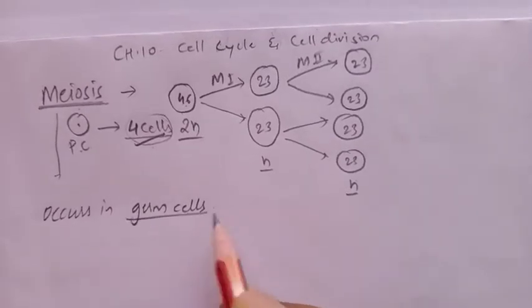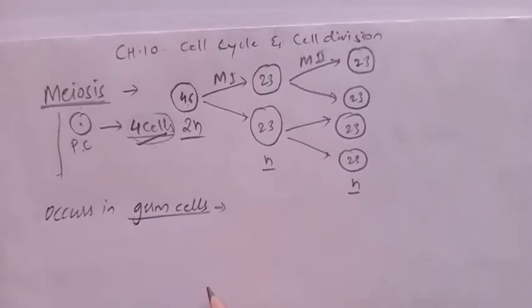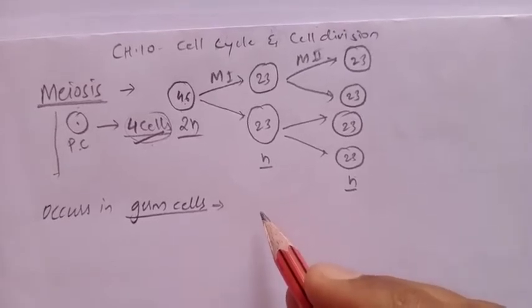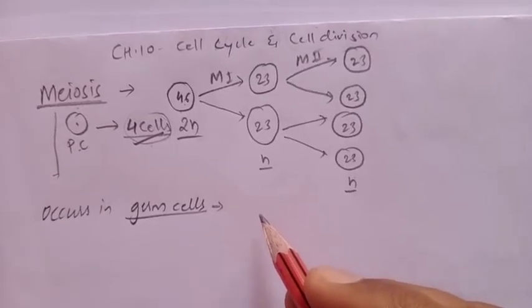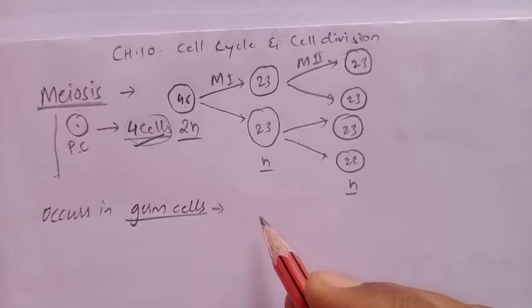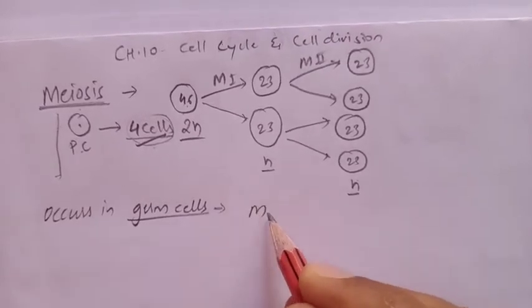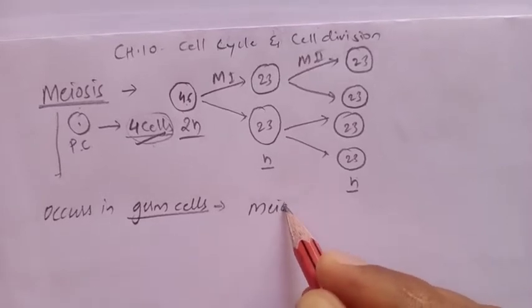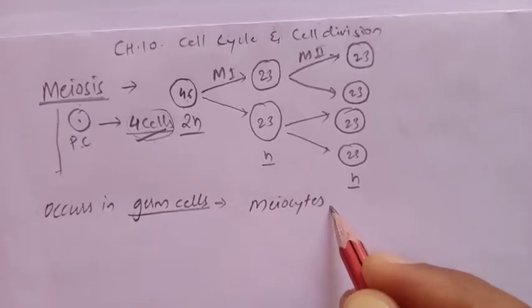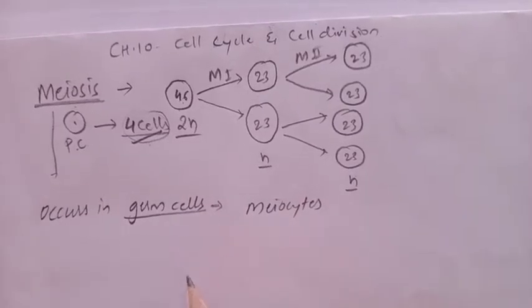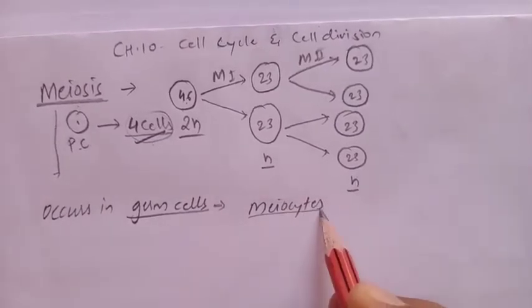Germ cells are the cells involved in the formation of gametes. The cells which undergo meiosis are called meiocytes.